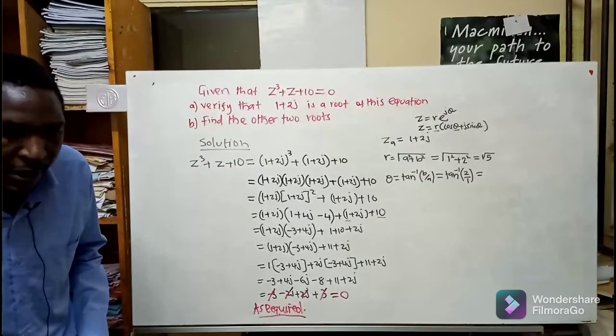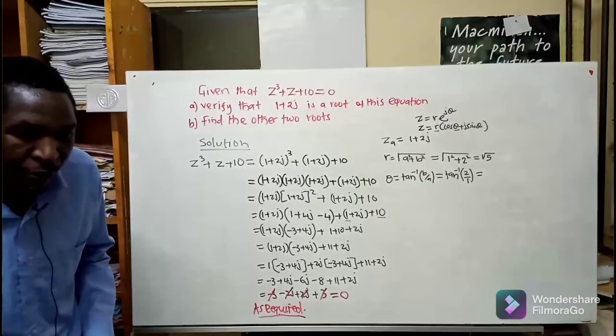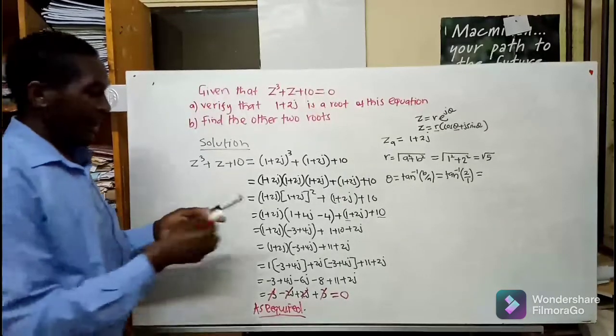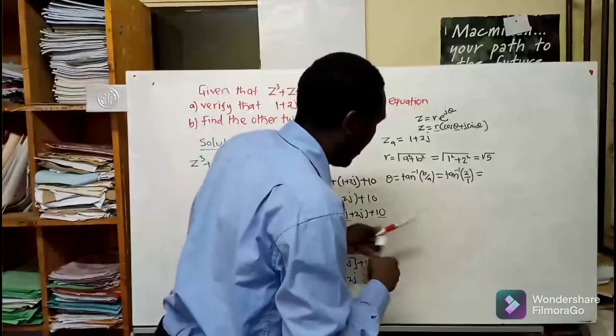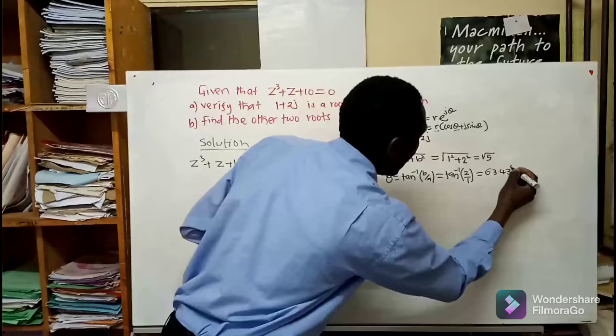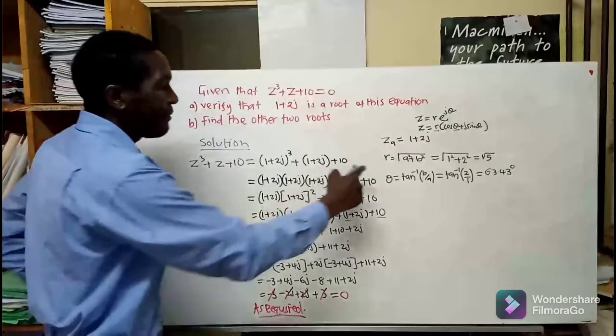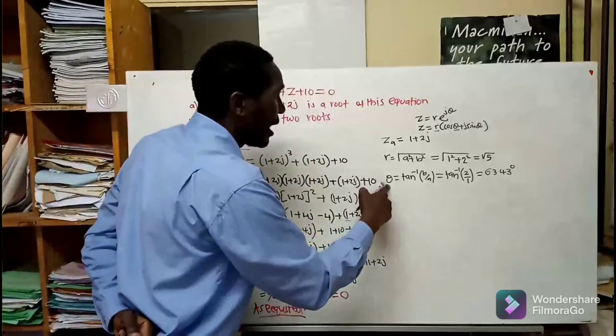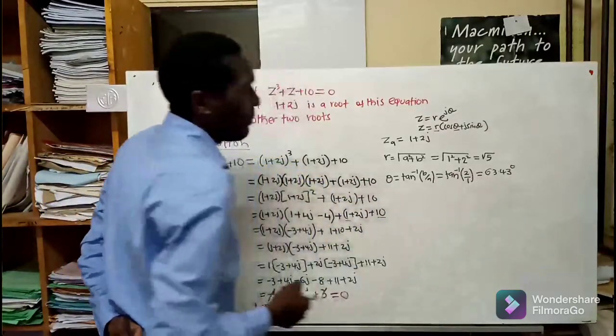The tangent inverse of 2 is 63.43 degrees. We have the magnitude or the modulus. We have the argument, which is 63.43.